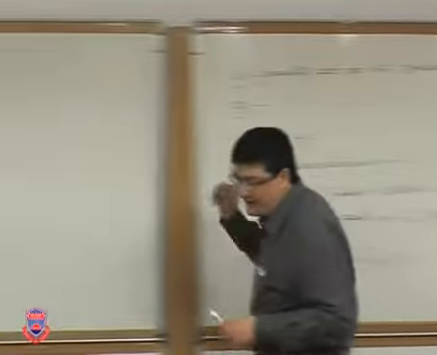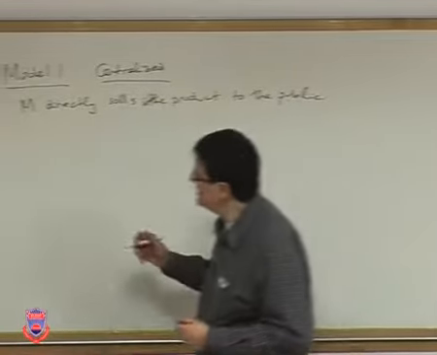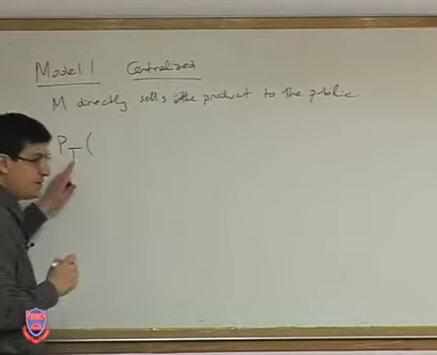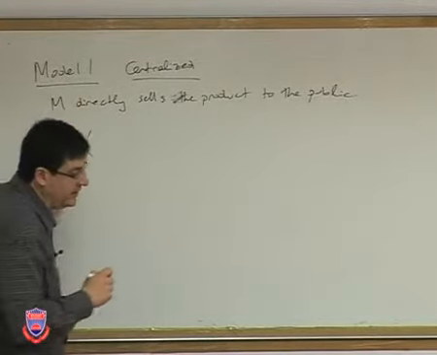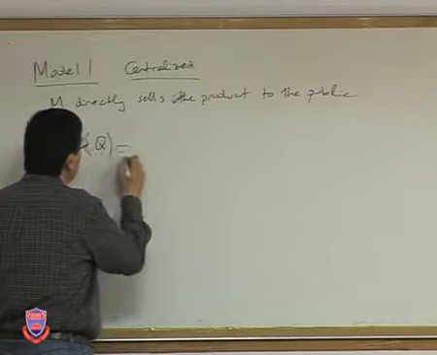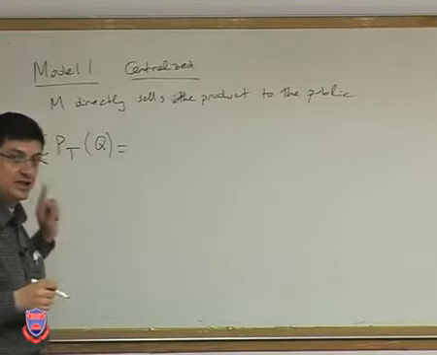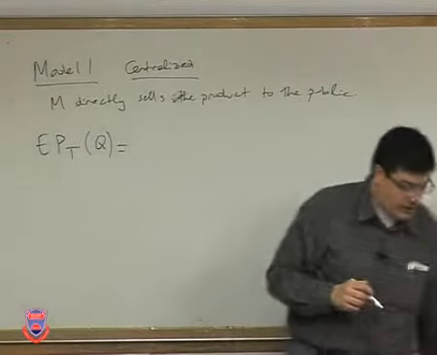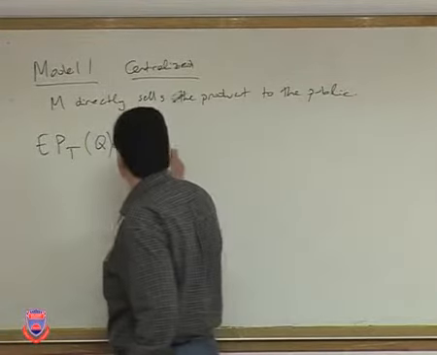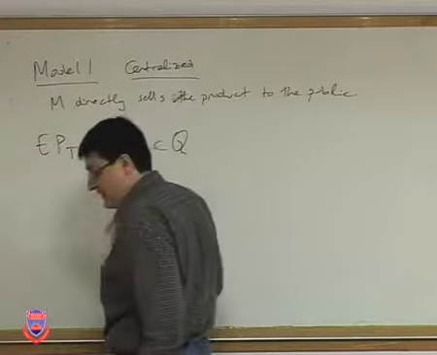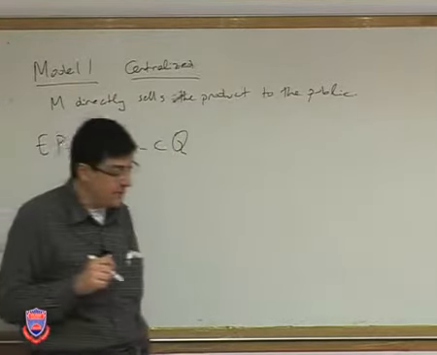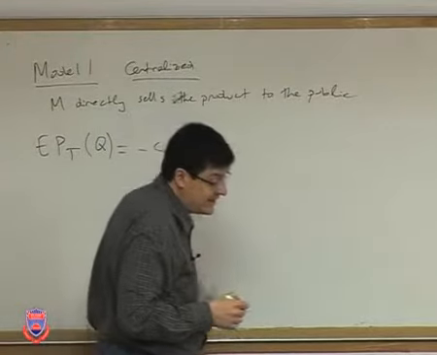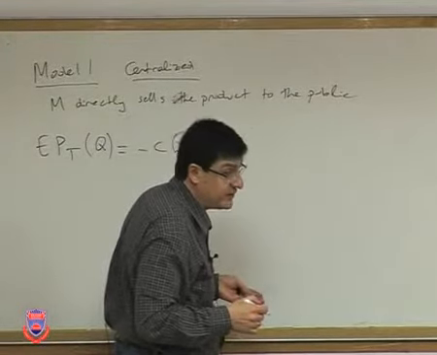Okay. Now, in this case, what will happen? Let's write the expected profit. This T stands for the total, and I'm going to have a Q here. So the decision is only Q. What we have here is simply the following. Now you have minus CQ, which is the manufacturing cost. And then you have the selling part only.